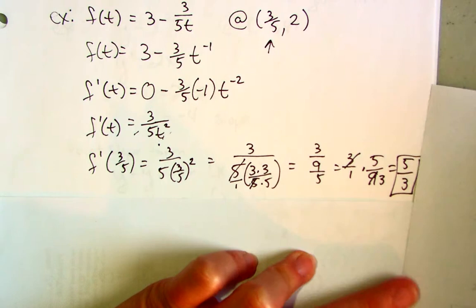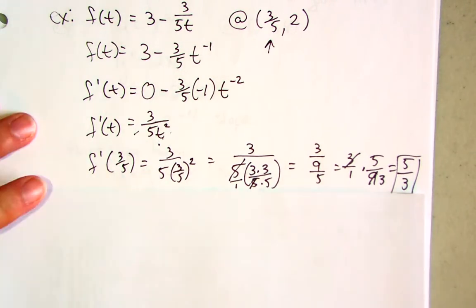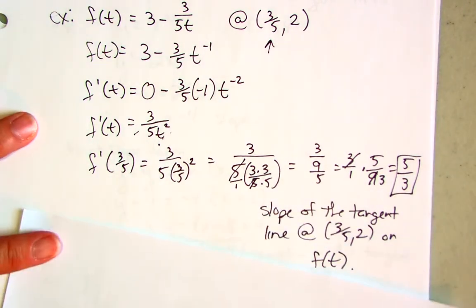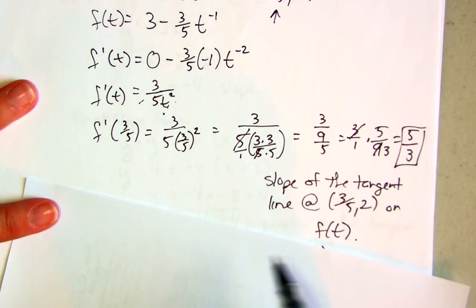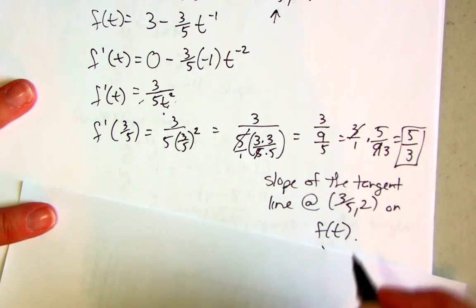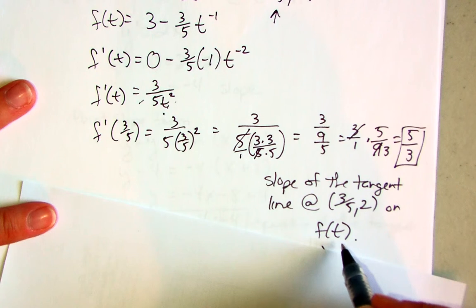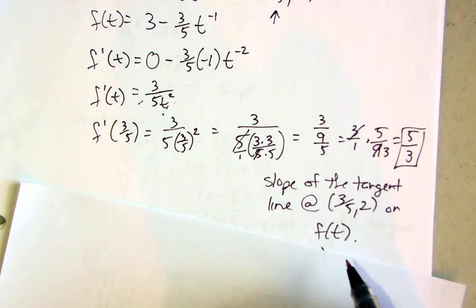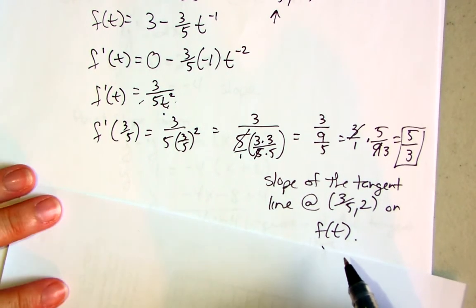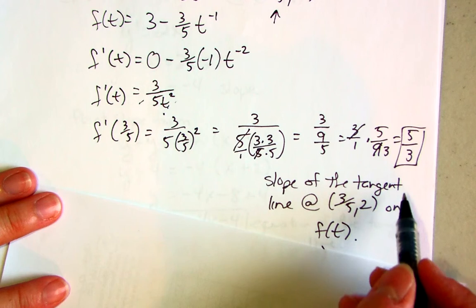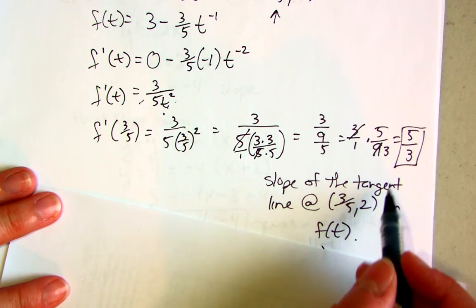Simplify, 5/3. And so what is 5/3? The slope of the tangent line at 3/5, 2 on the function f of t. The slope of the tangent line to the graph of f at 3/5, 2.